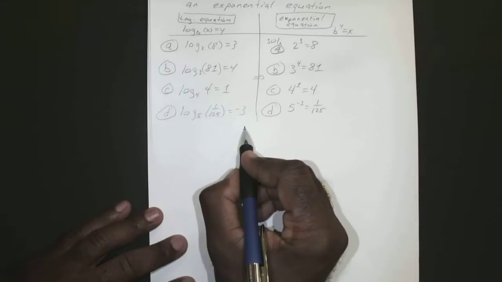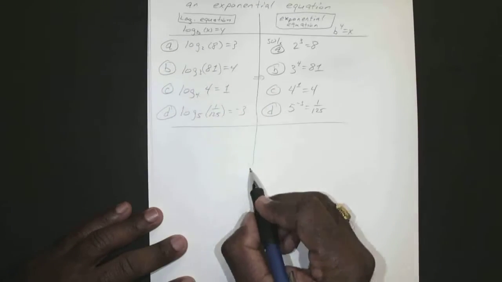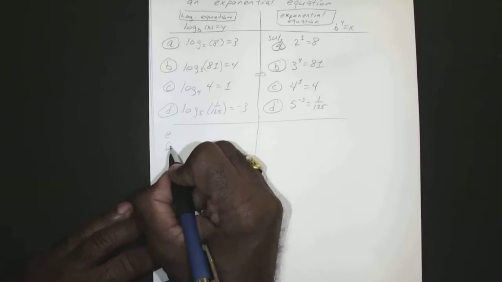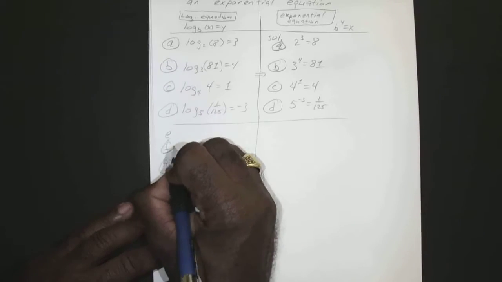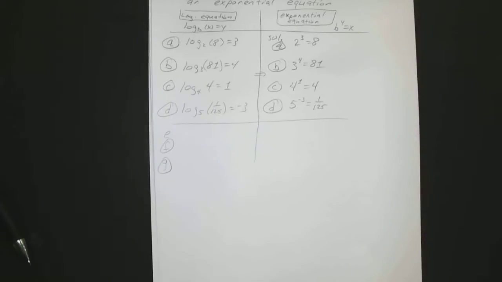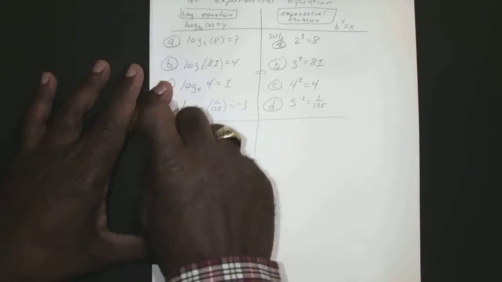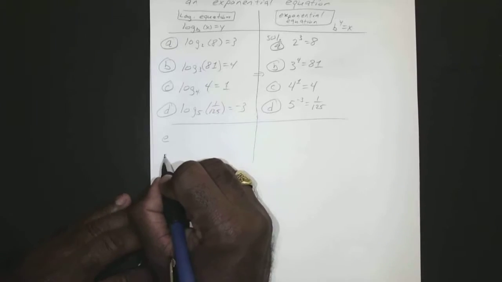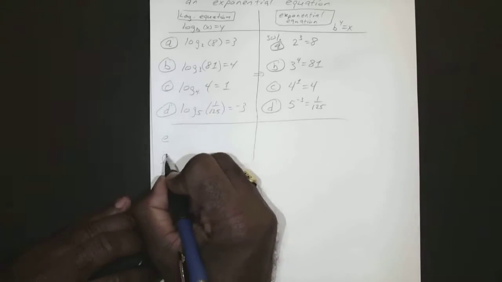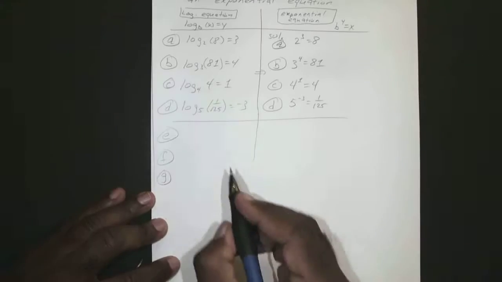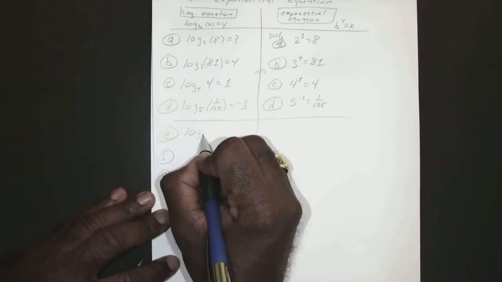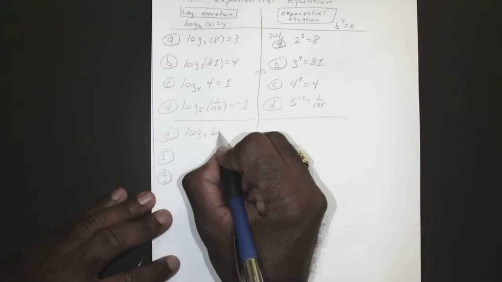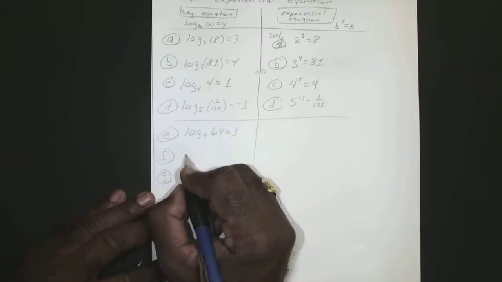Okay, so let's see if you can do the next three. Let's say E, F, G. Let's say log base 4 of 64 equals 3.